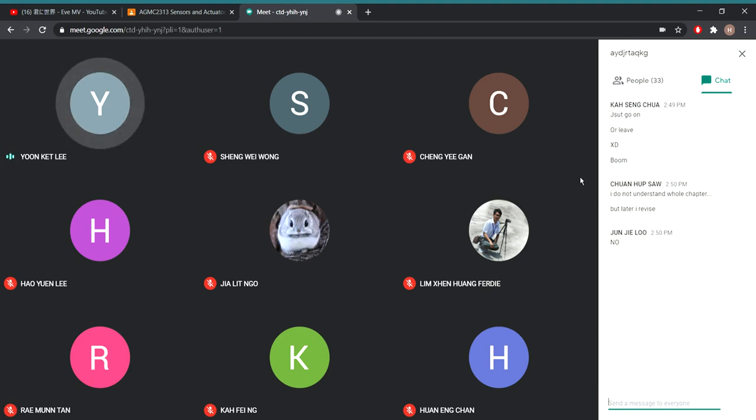Actually, for the importance of this chapter, I'm not very concerned about the working principle of the sensor. My emphasis is how we are going to use the sensor. How this sensor is being made, all this we will leave to the scientists or engineers to build.